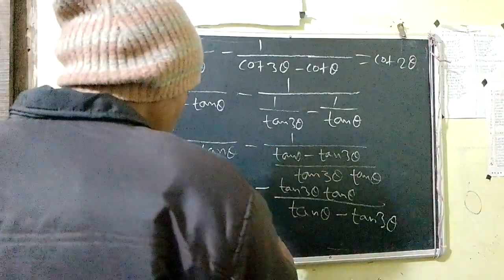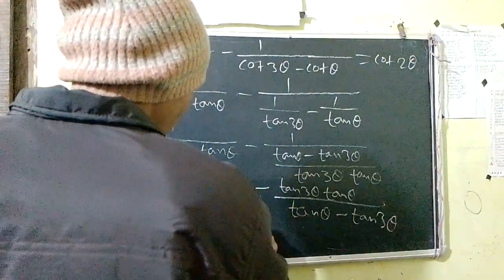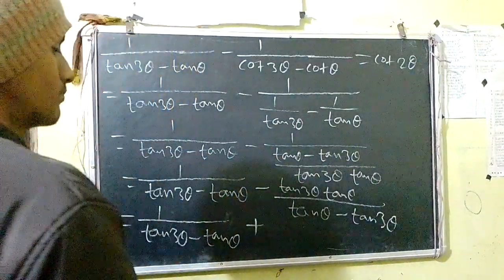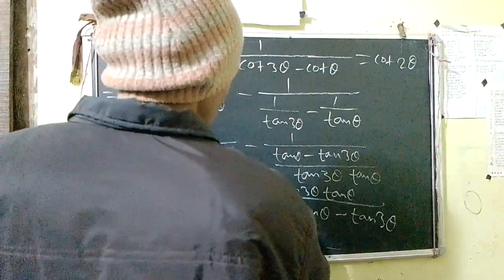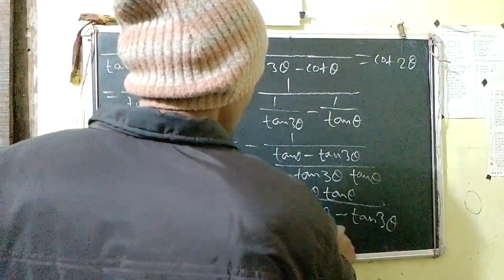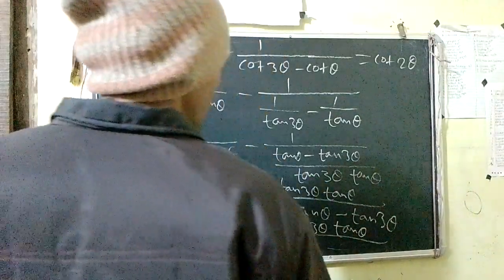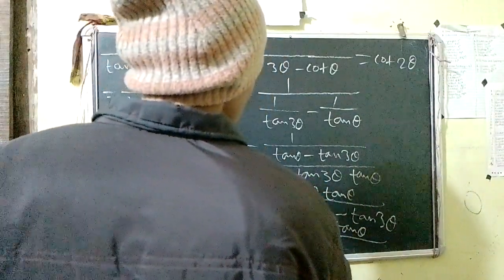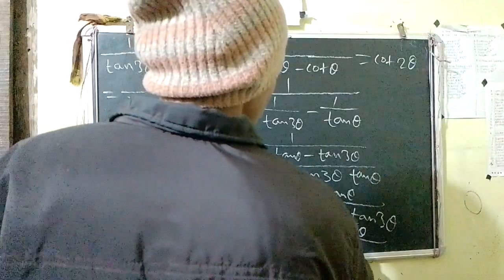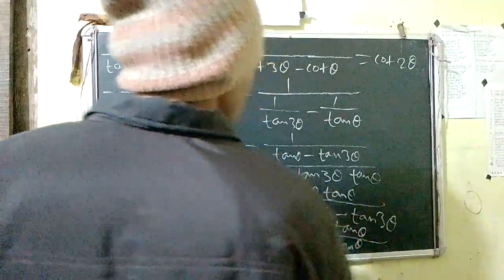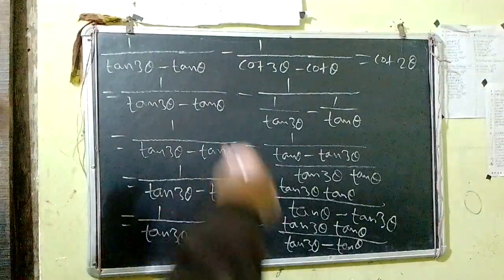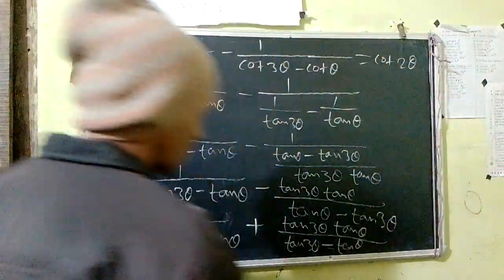And if I have the minus common, it will make a plus sign. And this will be tan 3 theta tan theta divided by tan 3 theta minus tan theta. Now at the bottom, you can solve this. This is pretty easy to solve now from this step.